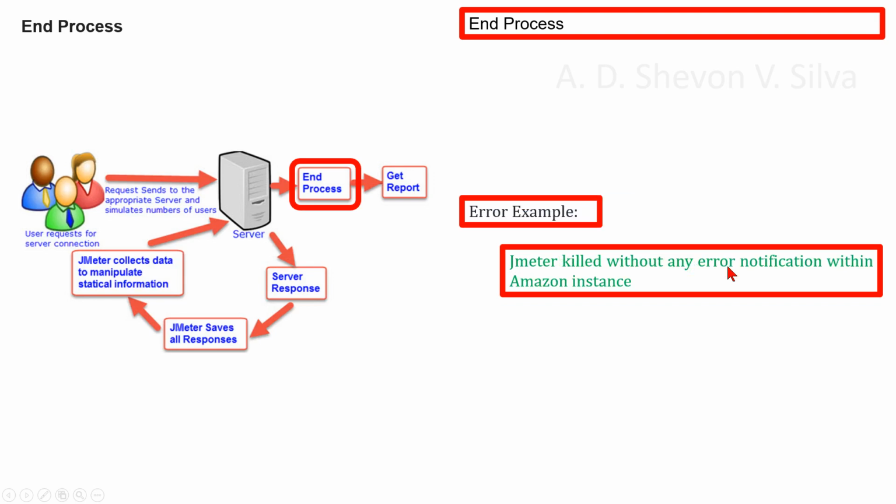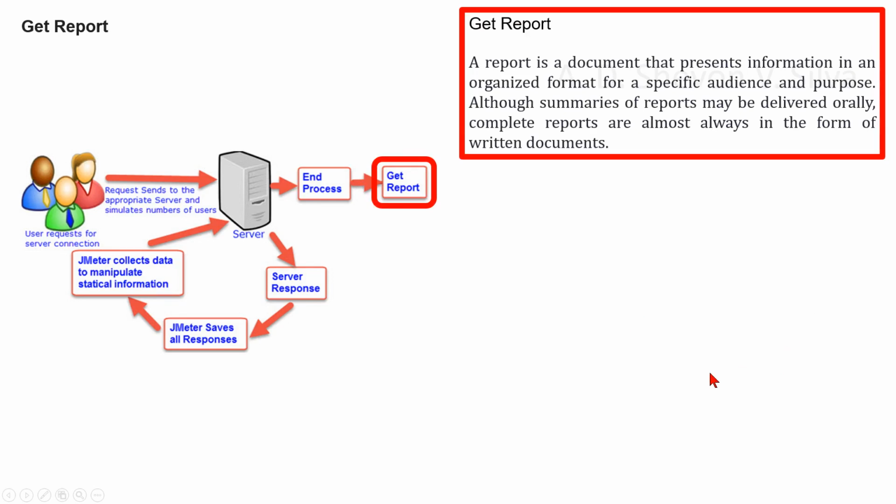As an error example, we can consider this error: JMeter killed without any error notification within an MSM instance. Now we are focusing on get report.